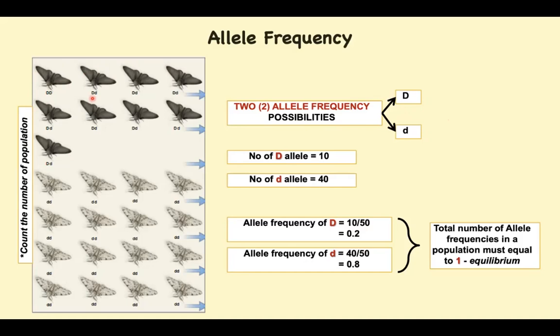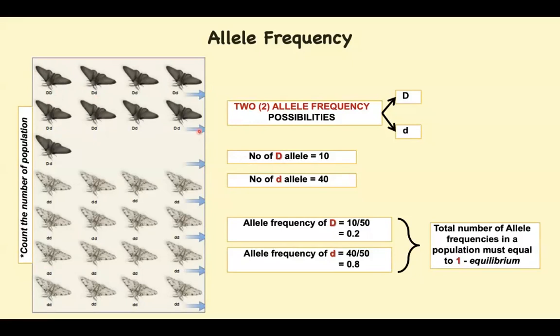So when you count the D besar, you don't forget to count yang heterozygous. Ini juga. Okay. So katakanlah yang dekat sini number of D allele, kalau dekat sini dia terlupa nak kira heterozygous, dia letak 2 saja. 2. Is wrong. Sebab heterozygous also got allele D besar. Okay, so count all the D besar.